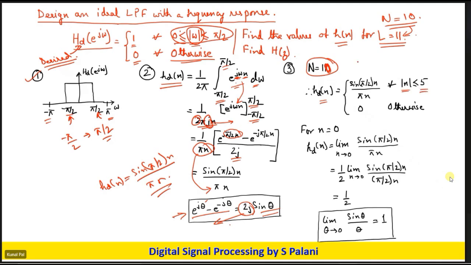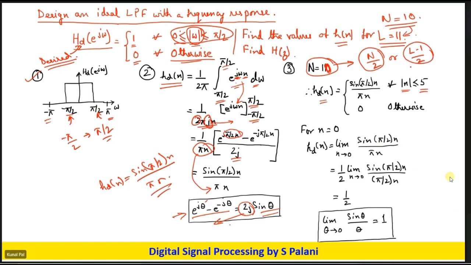You have to calculate the small n, which is the time index, for (N-1)/2, that is, order by 2 or length minus 1 by 2.